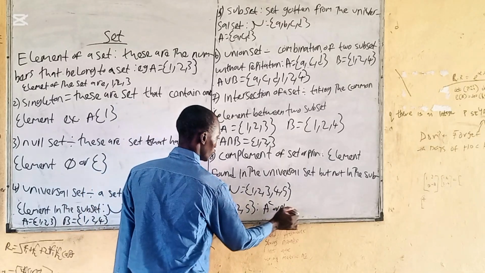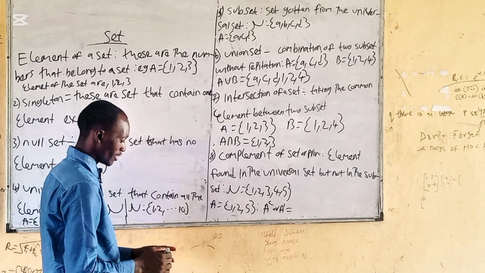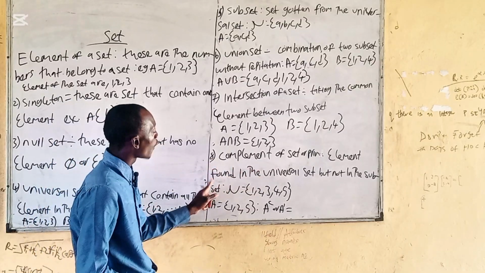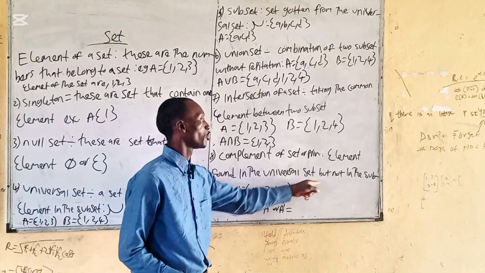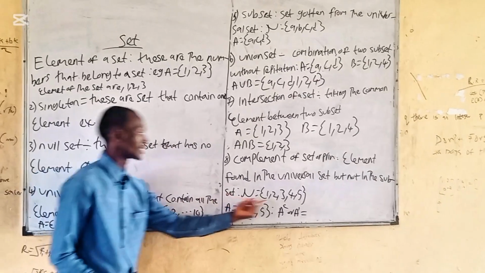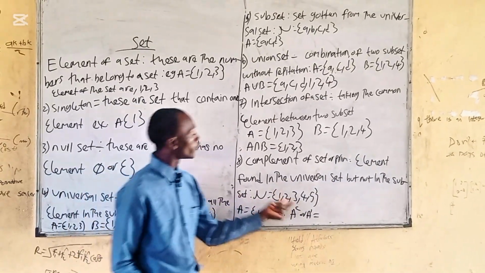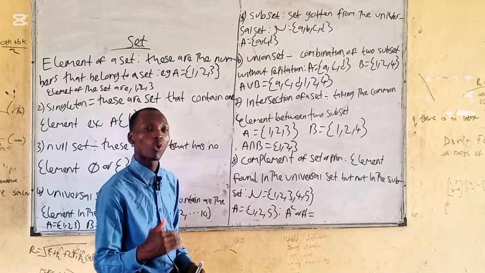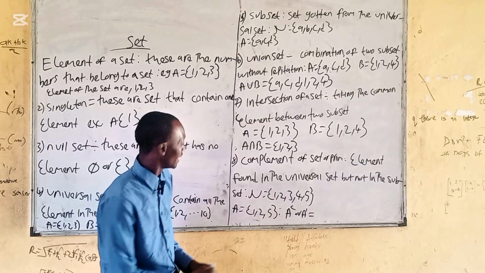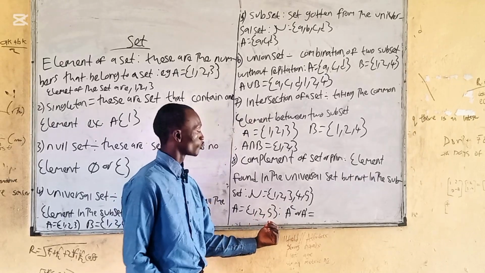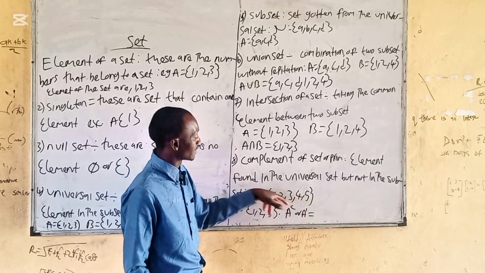Now, let's follow the explanation. The complement is the elements found in the universal set but not in the subset. What are the elements found here that are not here? We call those elements the complement of the set. Now look at this. We have 1, 2, and 5 here. What are the elements in the universal set that are not here?